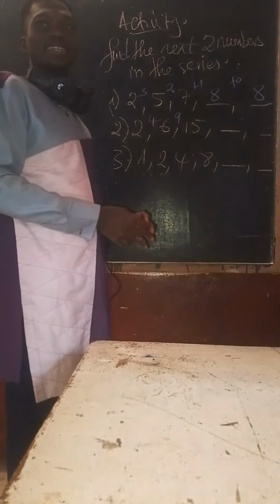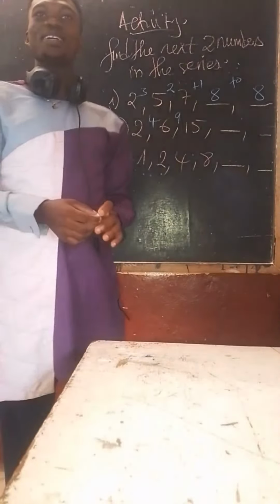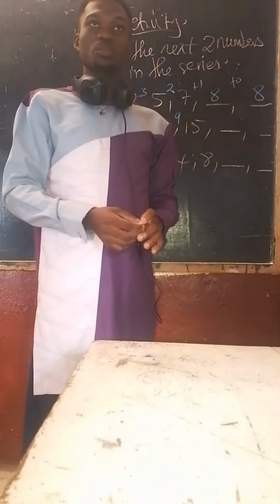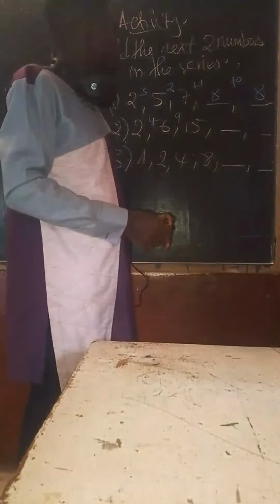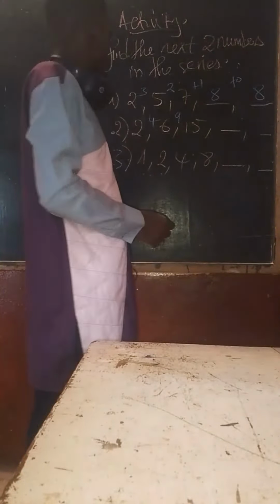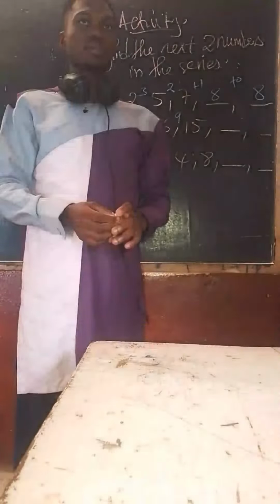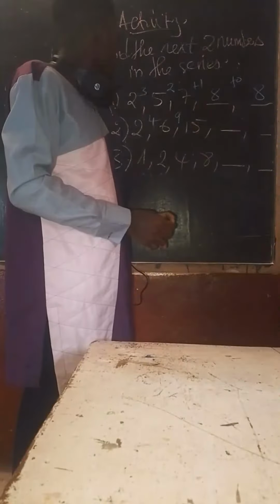This second one I took, but I noticed that if we were multiplying by 3, we will have 6. 2 times 3 gave me 6.